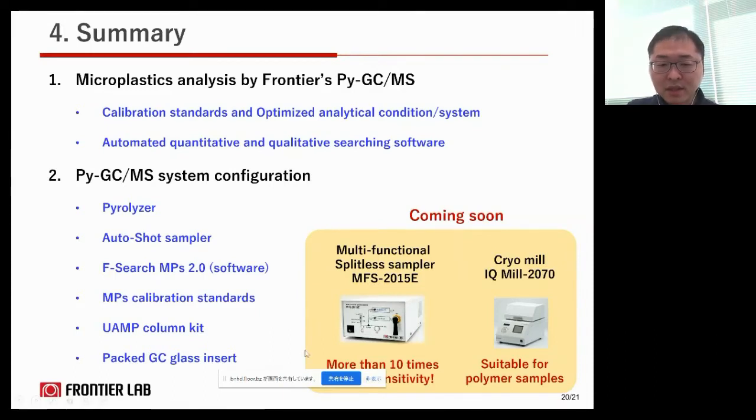These devices allow us to do splitless pyrolysis GCMS, so it improves the sensitivity more than 10 times. Okay, this will be announced soon. Also, for homogenizing samples, we are going to release a new cryomill, very small, handy, portable, and suitable for polymer samples.